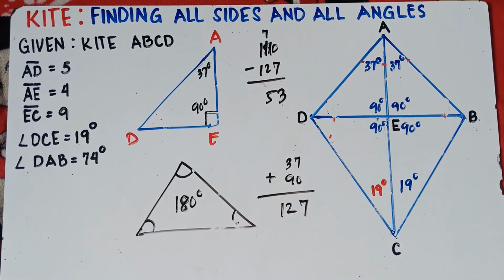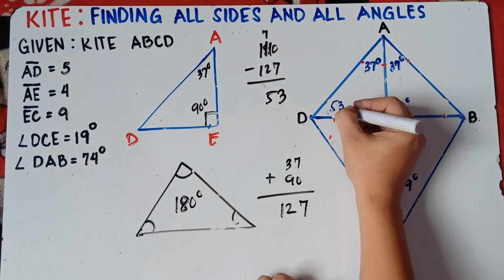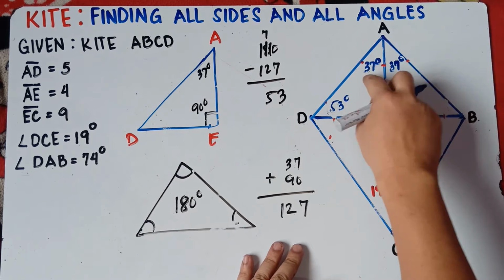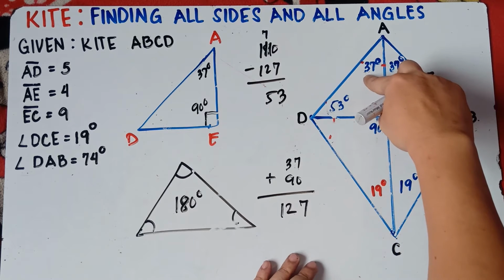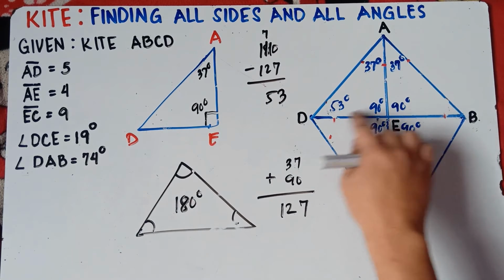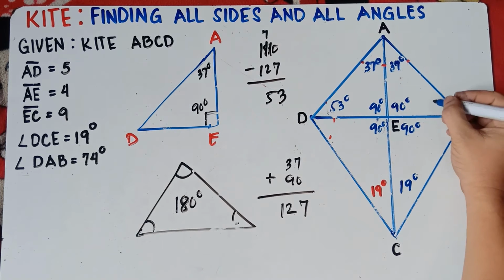This is 53 degrees. Alright. So this is 53 degrees. Once again, if you add this up, 53 degrees plus 37 degrees is 90 degrees, plus 90 degrees will be 180. So same angle, class, for this one. So we have 37, 90, and this will be 53 degrees.